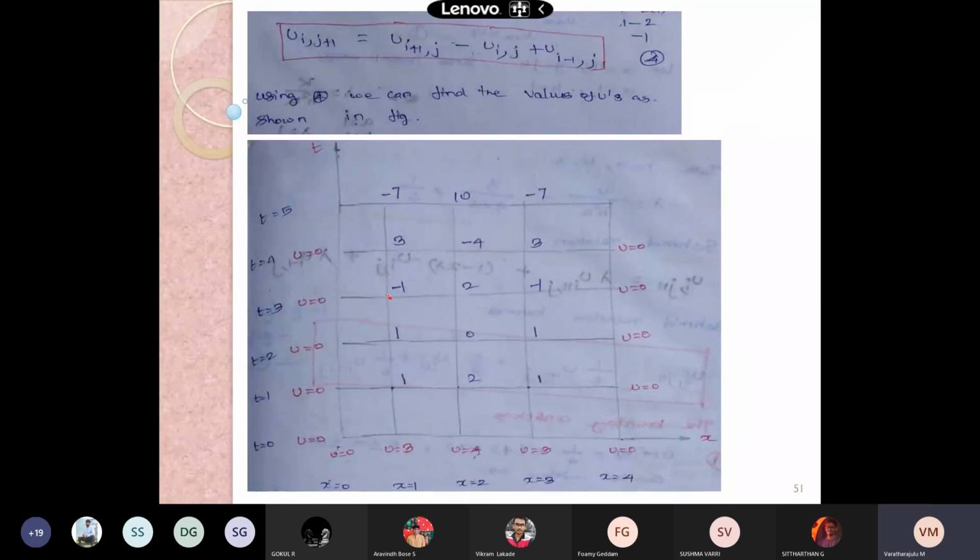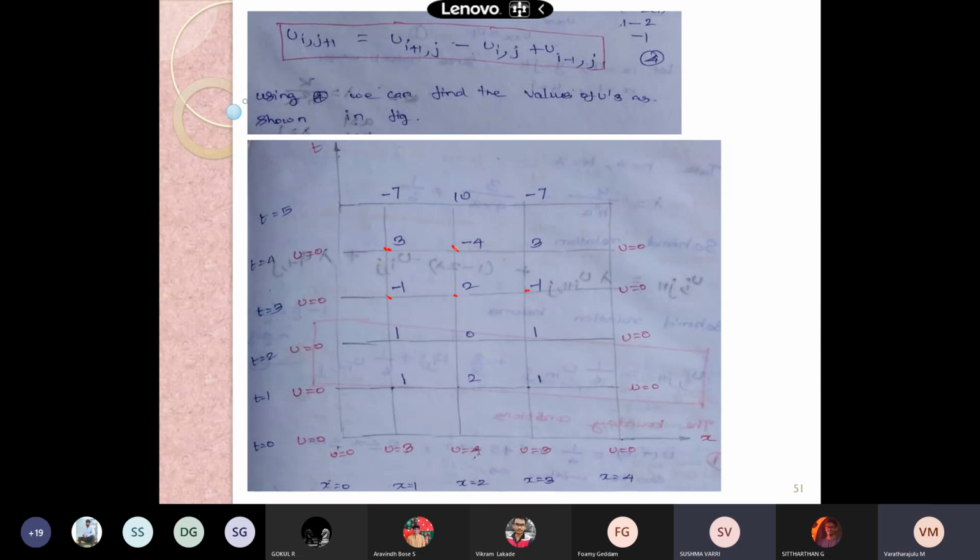0, 0 minus 1 plus 0, minus 1. Okay, how about this point? 1 minus 0 plus 1, 2, right? This point, 2 minus of minus 1 plus 0, 3. And here, Siddharthan, minus 1, minus 2, minus 1.